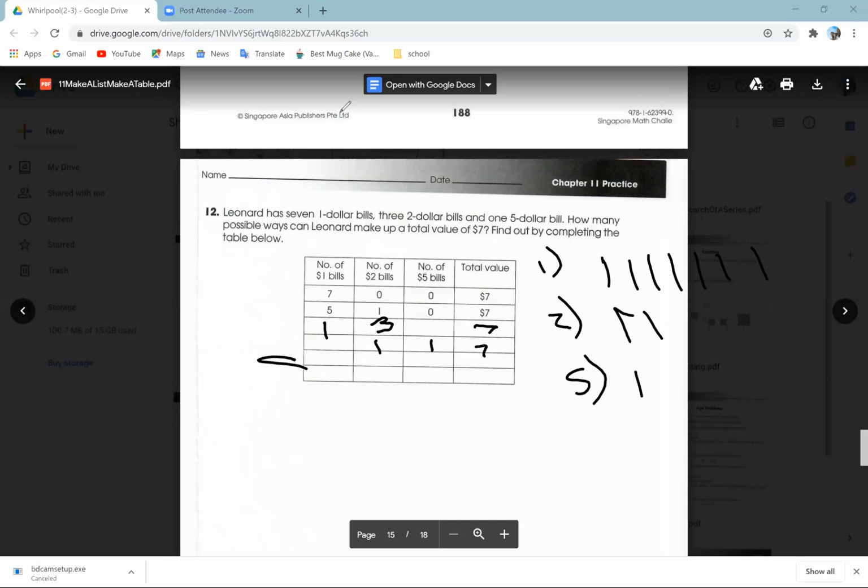So if and only if we take 2, right? How much would that be? $4, right? So I'm going to go ahead and write 2. 3 of these. Okay, another possible way.